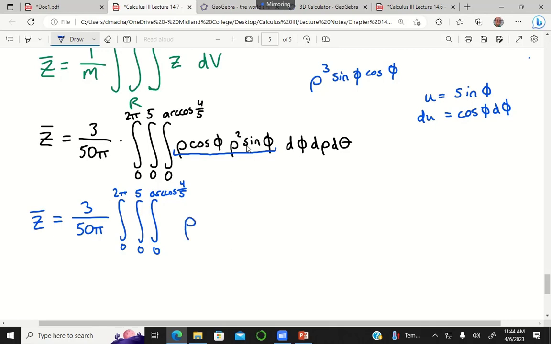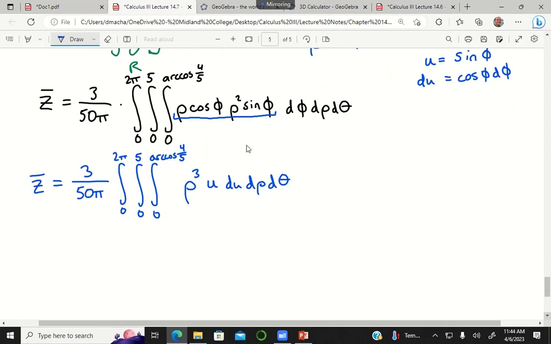So I still have rho cube, and then I've got the u from the sine phi. But then du is the cosine phi and the d phi, so I just write du d rho d theta. Oh, so that's not very nice, is it?